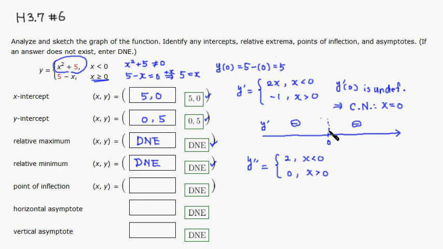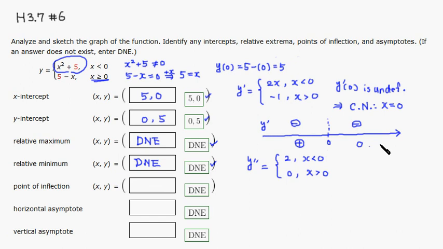So sign-wise, it's easy to tell. If x is less than 0, it's positive because it's 2. But on the positive side, the second derivative is always 0. It's not positive, it's not negative, it's always 0, right?